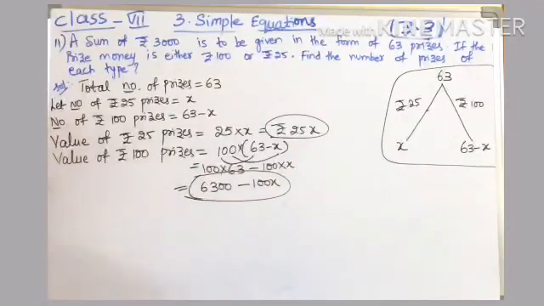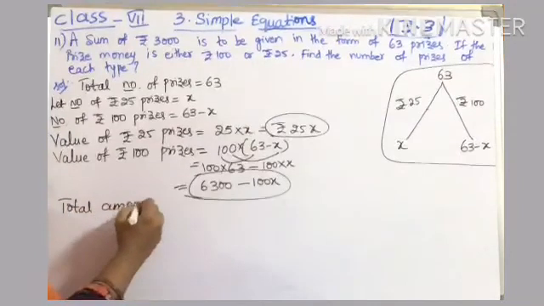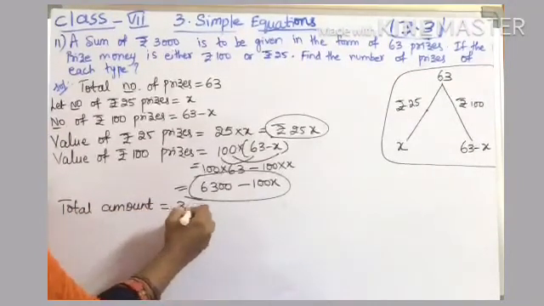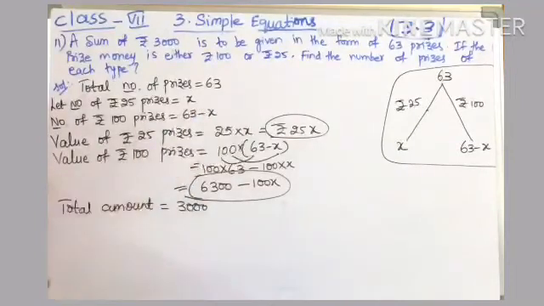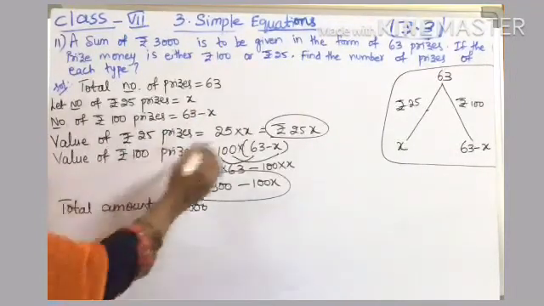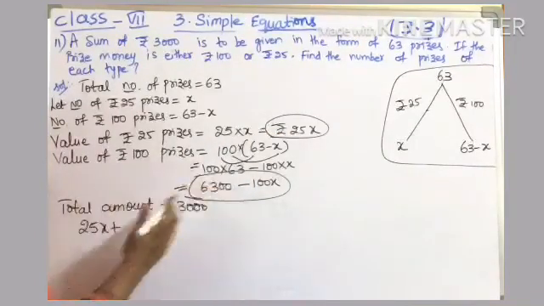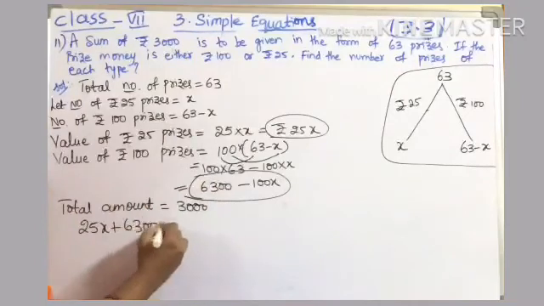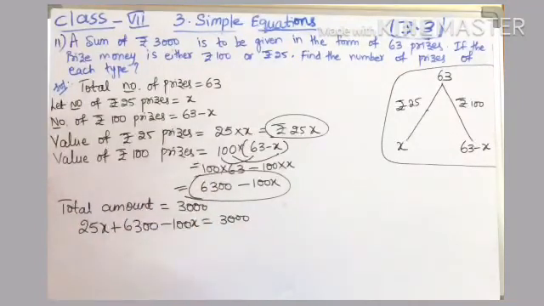Now according to the sum, the total amount is how much? 3000. Means in 3000 you are having 25 rupees prizes and 100 rupees prizes. So the value of the 25 rupees prizes is 25X and the value of the 100 rupees prizes is 6300 minus 100X, equal to 3000. Okay?